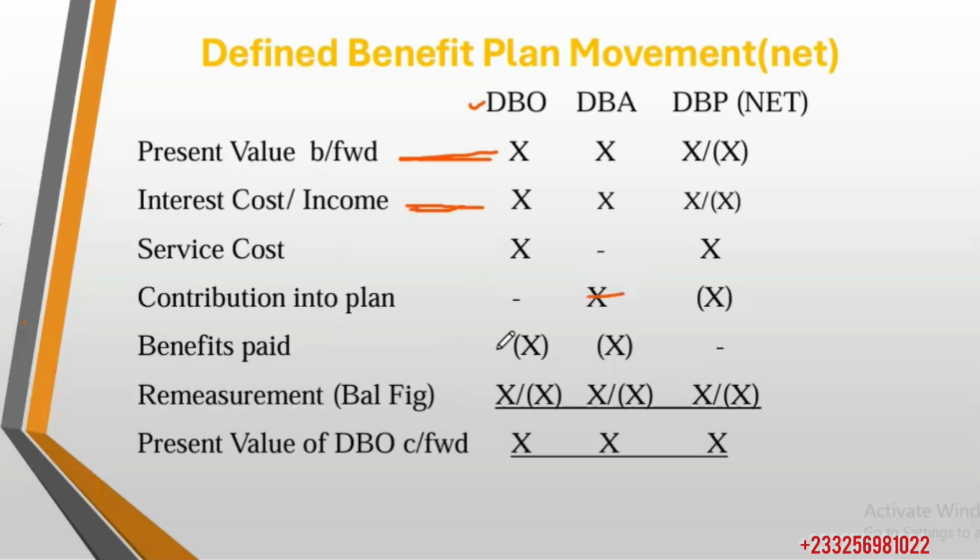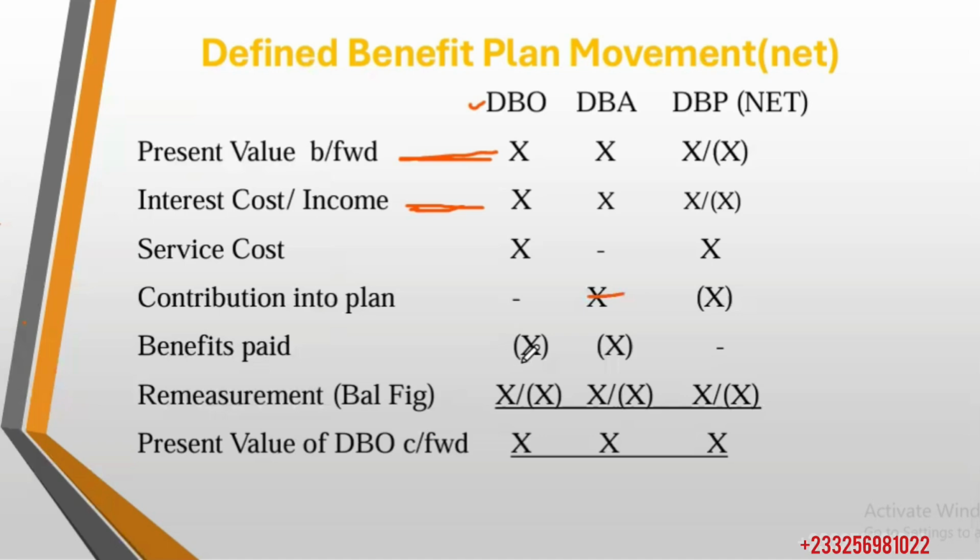Benefit paid affects both the liability and the asset. Okay, so when you pay benefit out, we said we pick the amount from the defined benefit asset to go and pay the employees their benefits.